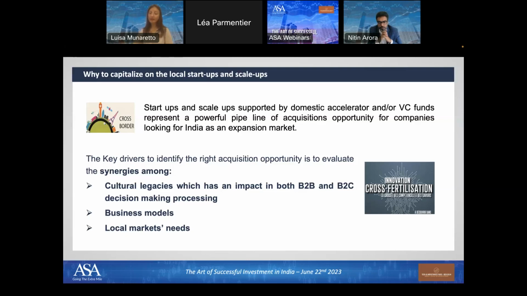So they clearly implement what we are sharing: understanding the ecosystem, understanding the needs, and leveraging the local consumption story with local products, putting inside the best practices, which can come from Europe, from the United States, from Asia, from everywhere.